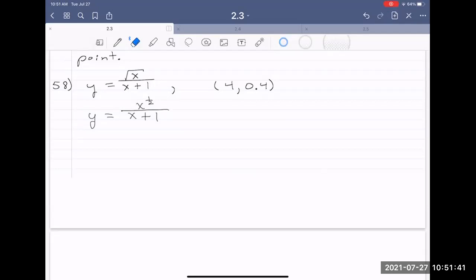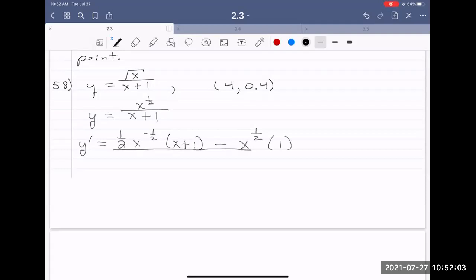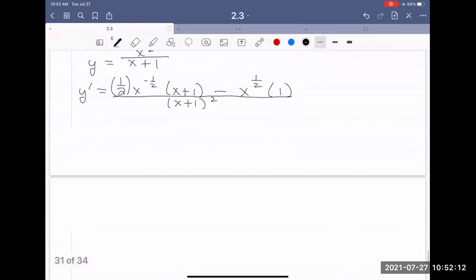I'm going to take the derivative of this guy using the quotient rule. So the derivative of the numerator times the denominator minus the numerator times the derivative of the denominator, all divided by the denominator squared. And so let's simplify this.